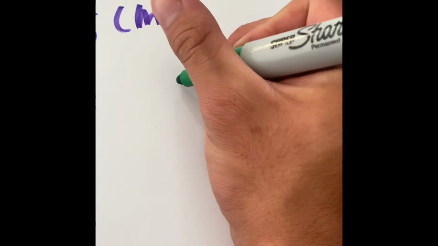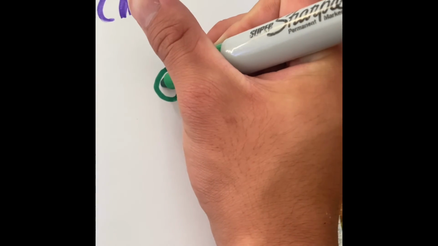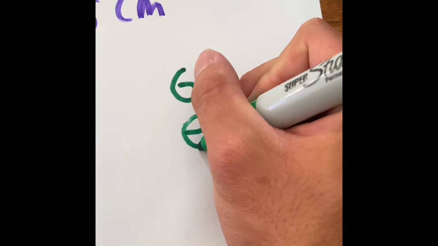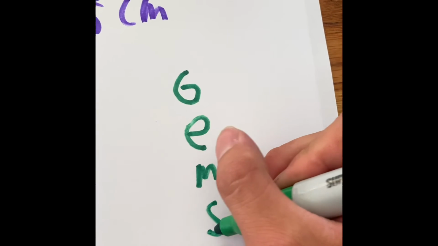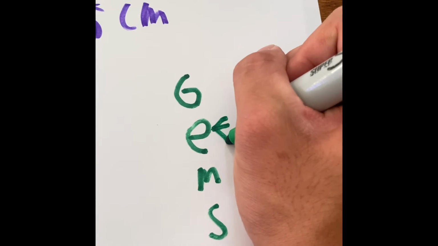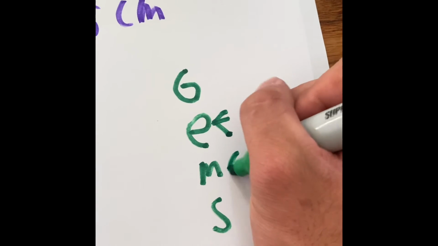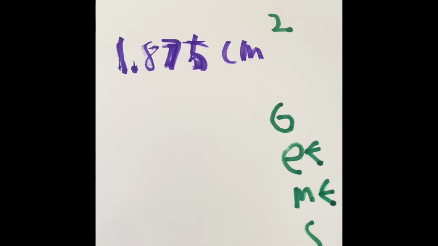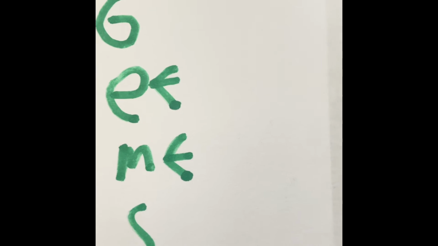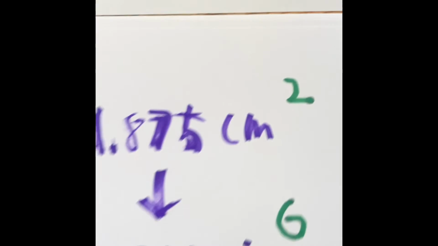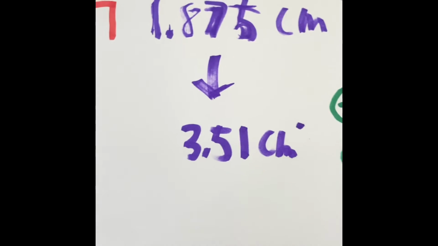Remember, order of operations is you do your groupings first, then your exponents, then multiply and divide, then add and subtract. Since exponents come before multiplying, you have to do 1.875 times itself, 2 times. So when you do 1.875 centimeters squared, you're going to get an answer of 3.51 centimeters.